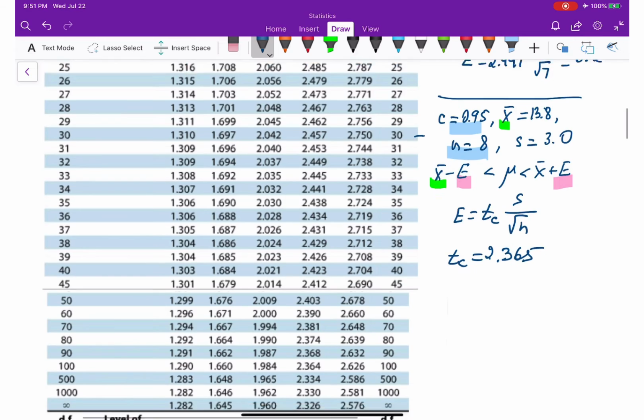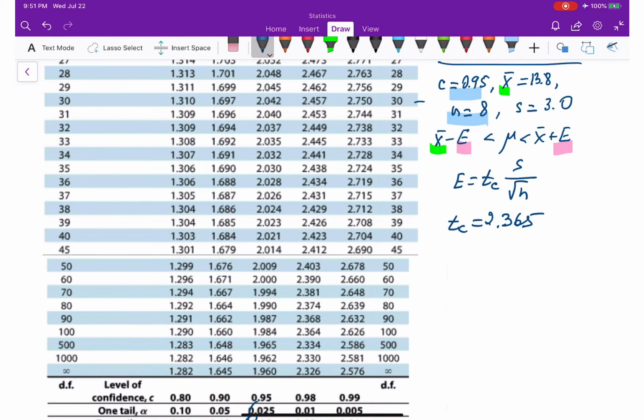All right, so from here, margin of error is equal to 2.365 times 3 over square root of 8. So margin of error is equal 7.095 over 2.828.